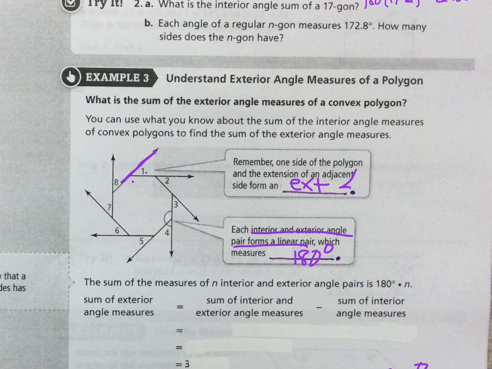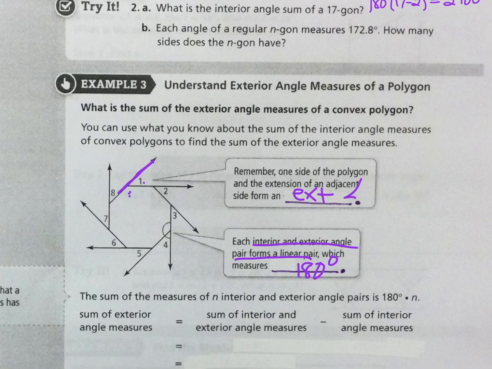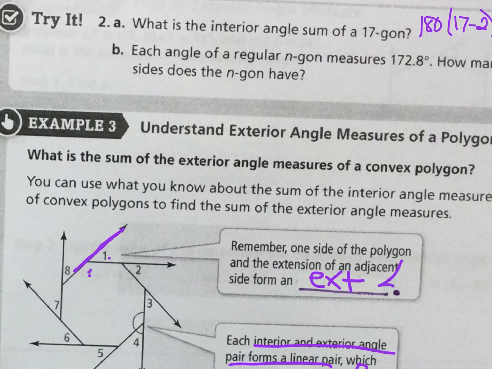All right, so that's what we're going to use right here, is the fact that this interior angle and the exterior angle make 180 degrees. So if we look at this problem here, it says each angle measures 172.8.